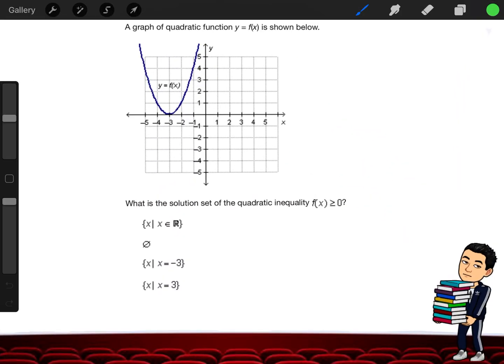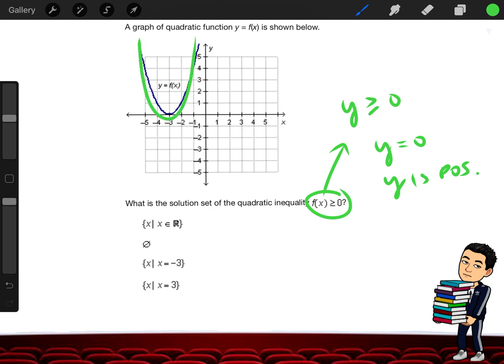All right, so a graph of a quadratic function, it's showing you. Let's analyze this one. This is basically saying y is greater than or equal to 0. For y to be greater than or equal to 0, y can equal 0 or y is a positive value. Now you just check this parabola.